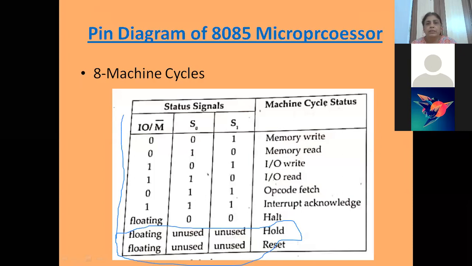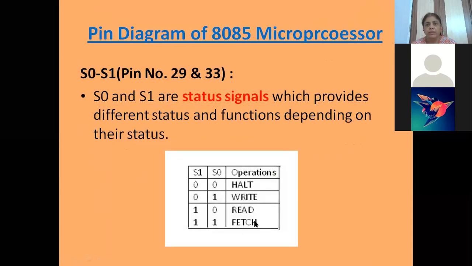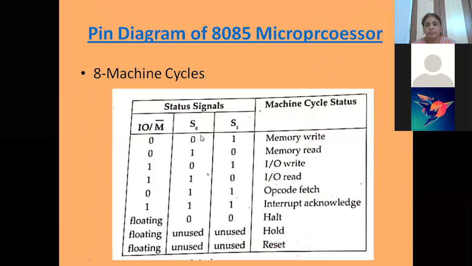अब आपने ये स्टेटस सिग्नल में देखा था. For writing we have which status? ये वाला देखा था. Status for writing S1 is 0, S0 is 1. Okay, here S1 is 0, S0 is 1 for writing operation. But writing from where?